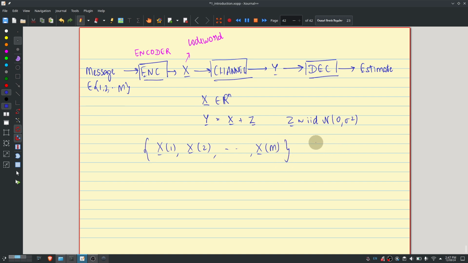So these are all the code words, and the set of code words is what I call the code book. Okay. So you transmit one code word from this particular code book. This is designed beforehand. The decoder also knows the code book, but it doesn't know which exact code word was transmitted.